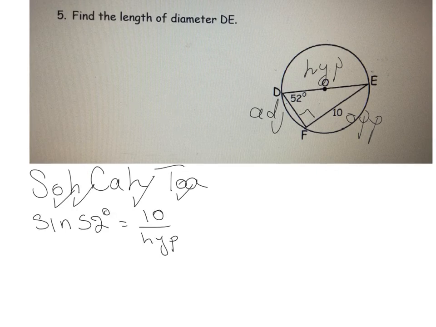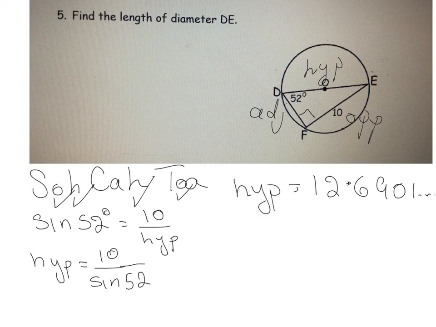So sine 52 degrees is equal to the opposite over the hypotenuse. So we've got 10 over the hypotenuse. Because what we want to find is on the bottom, this is how we rearrange it. The hypotenuse is equal to 10 divided by sine 52 degrees.